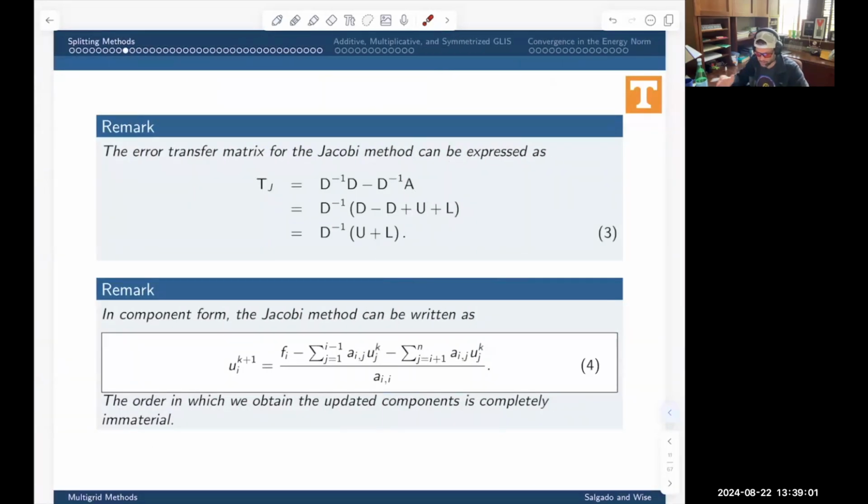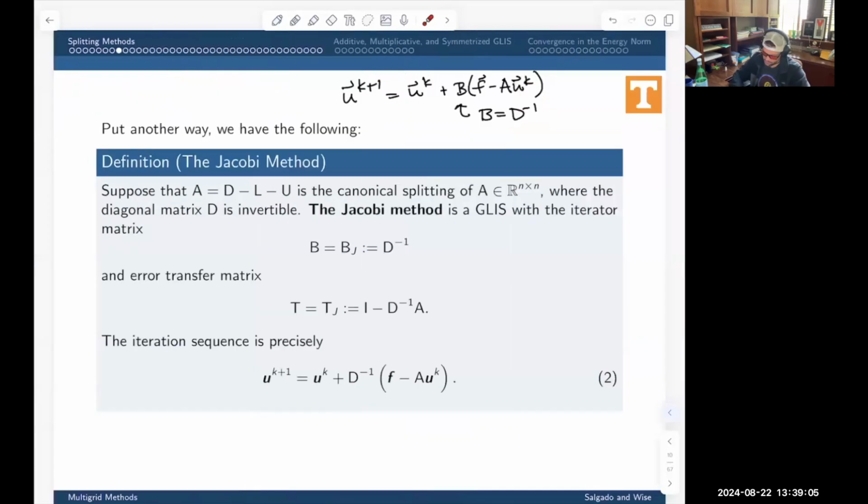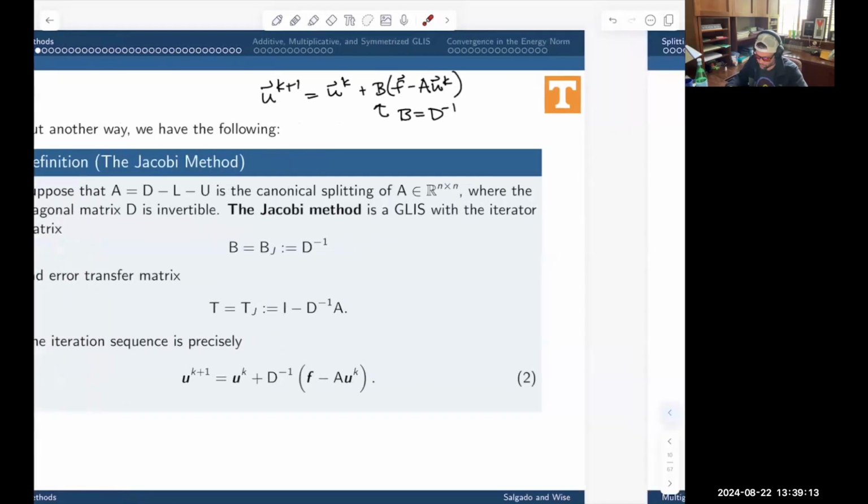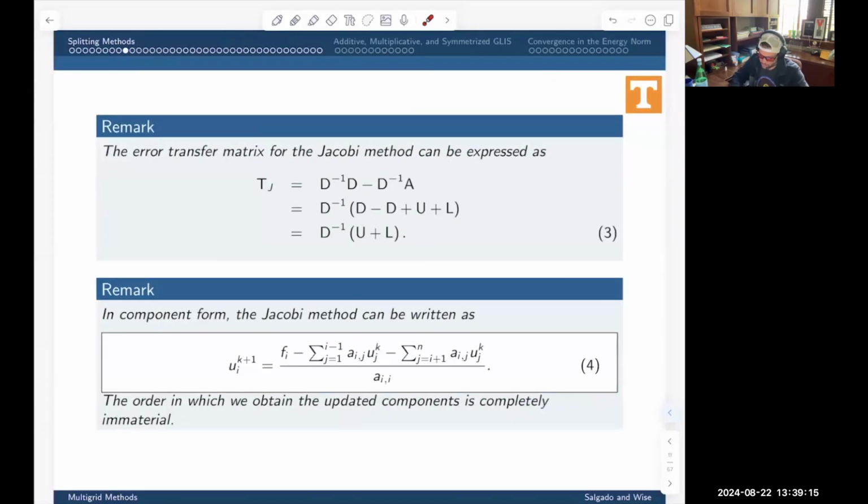Now we can do some manipulations on that error transfer matrix. The error transfer matrix is given here, and you can write it 10 different ways, actually. Let's write it in just one other way. Let's replace the identity with D inverse times D. So there's the identity, minus B times A, but B is equal to D inverse. I'm going to use the distributive property to pull out this common factor.